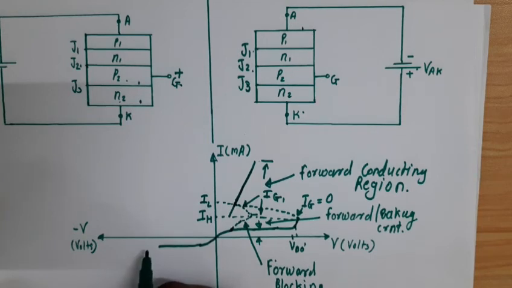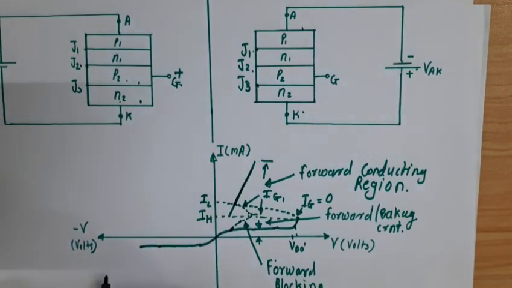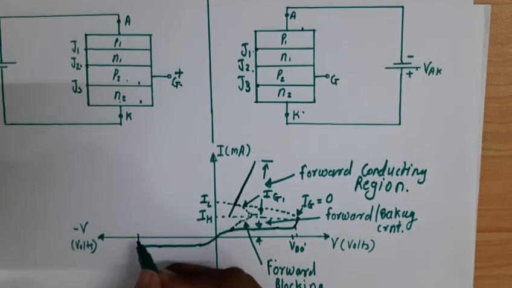As cathode is made more positive and positive, a stage is reached when both junctions J1 and J3 will break down. The voltage of cathode to achieve this condition is known as reverse breakdown voltage. Here we can show this on characteristic.